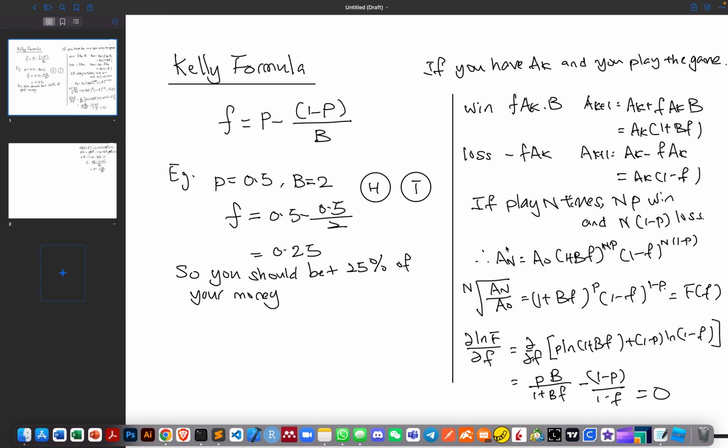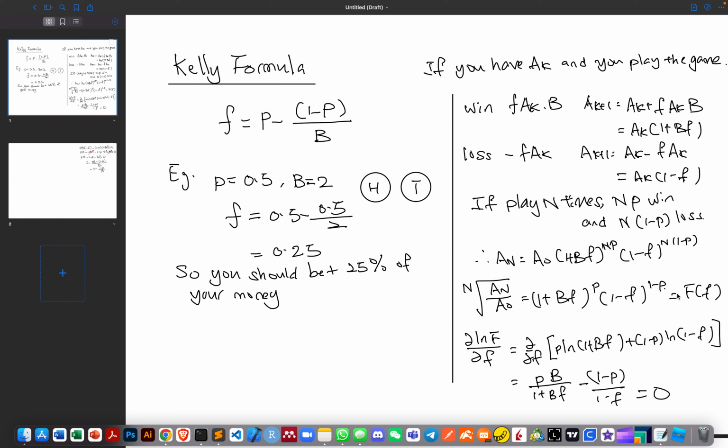So after N games, your expected balance is given by A_N equal to A_0 (1 plus BF) to the power NP times (1 minus F) to the power N(1 minus P). If you take the ratio of A_N over A_0 and take the Nth root, you'll get this.